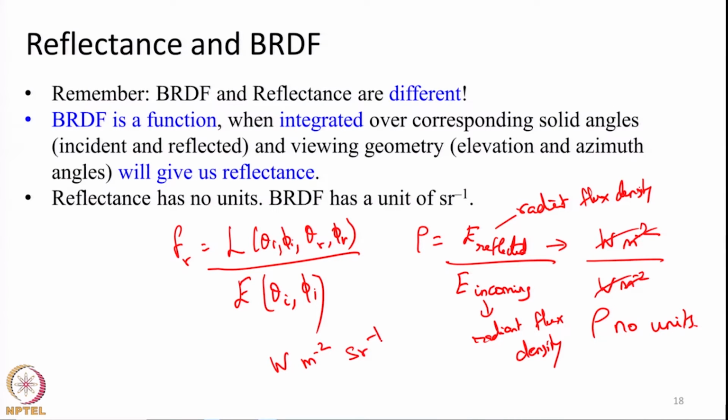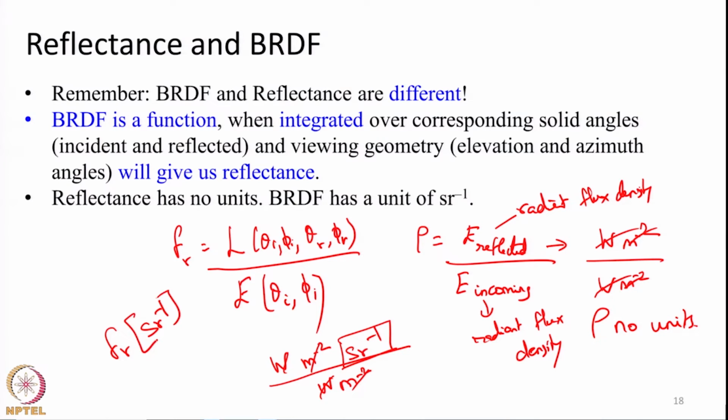Radiance unit is this, please refer back to the previous slides where we defined radiometric quantities. E has the units of watt per meter square, these will cancel out and BRDF will have a unit of per steradian. So, this is the unit of BRDF.